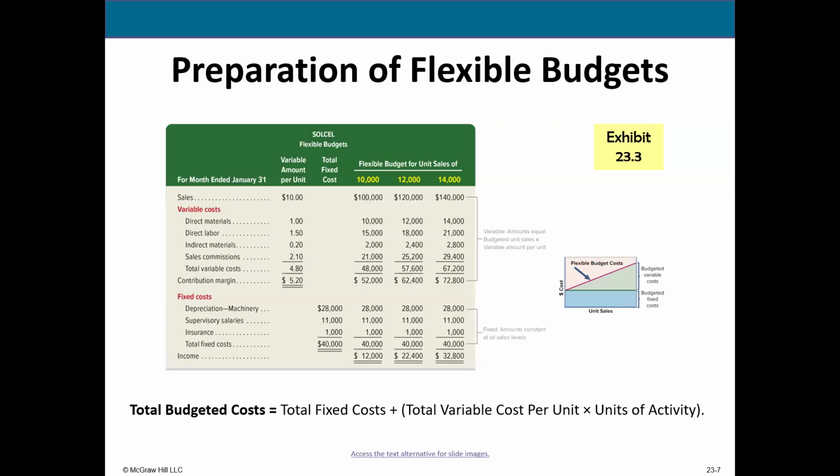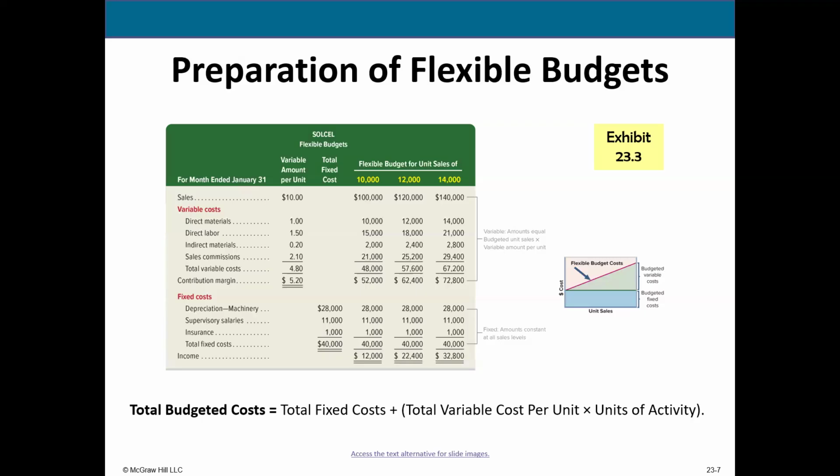The fixed components are costs that do not change with the level of output. Those include things like the fixed part of manufacturing overhead and other fixed expenses. So we separate those things out. Okay, so that's step two.